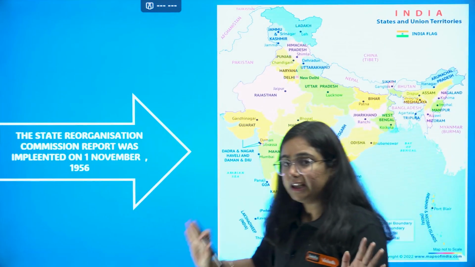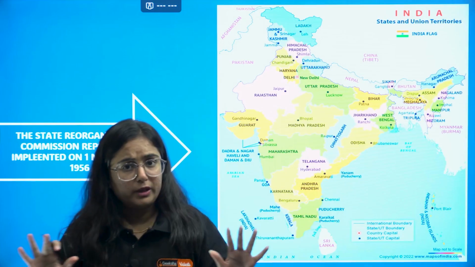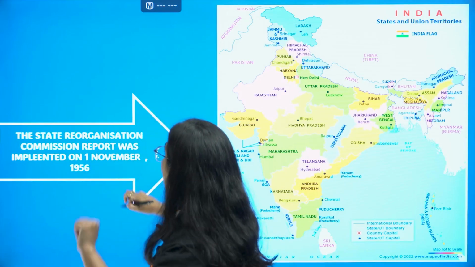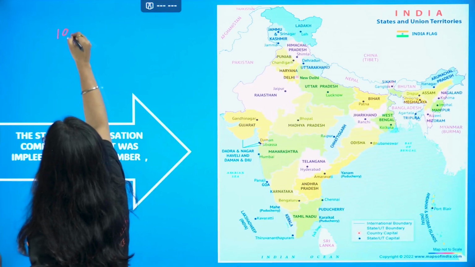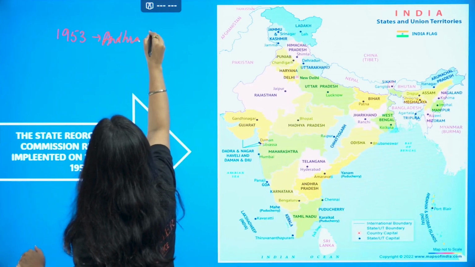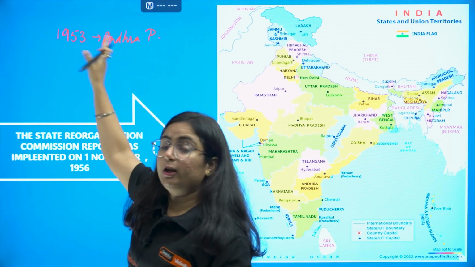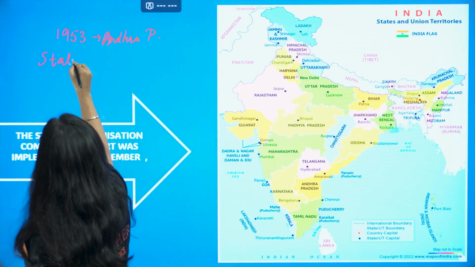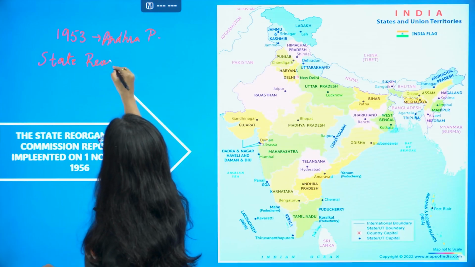Now I want to tell you that all the states of India are not made on the basis of language. Okay, we are going to talk about it, but first see, in 1953 we have seen Andhra Pradesh formed as the first state on the basis of language. Then government formed a state reorganization commission.